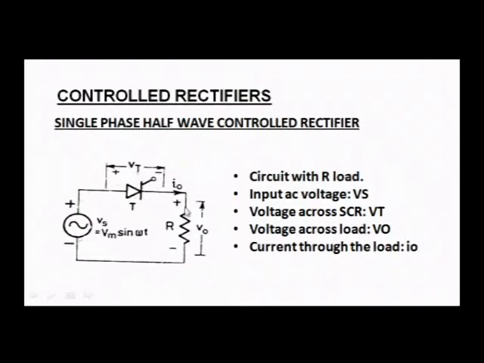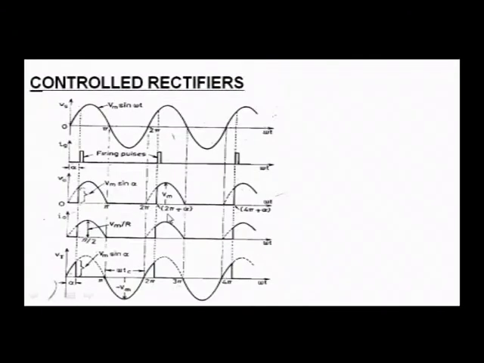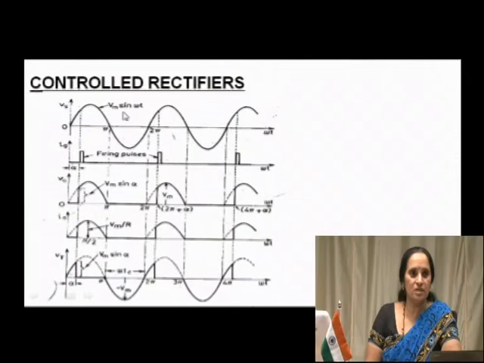Vt, V0 and I0 is what should be understood by you students. So, the next slide, please see, the first waveform is an AC input. It is an AC waveform. I have written Vm sin omega t, and this is the input voltage, AC input voltage.